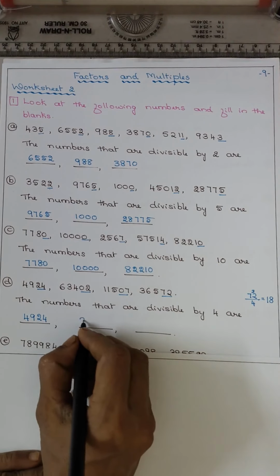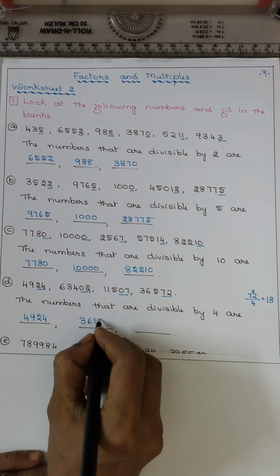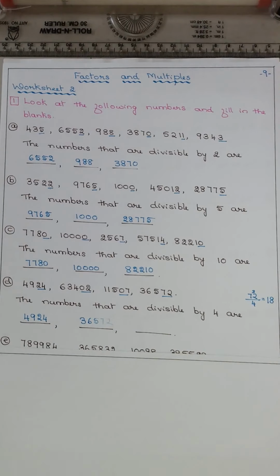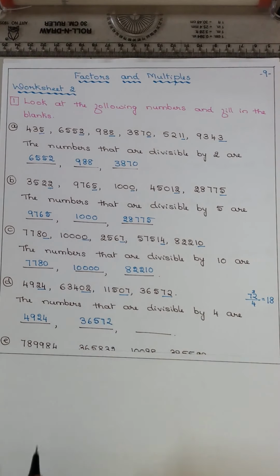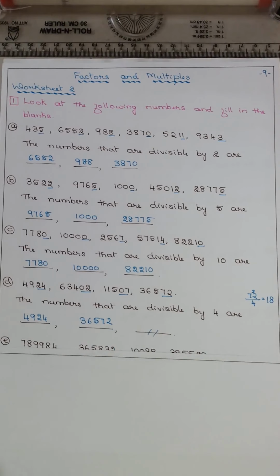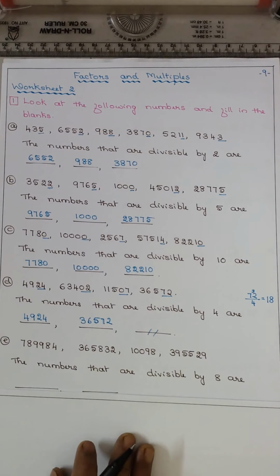So yes. 36572. Understood? So 36572. 2 numbers are divisible by 4.